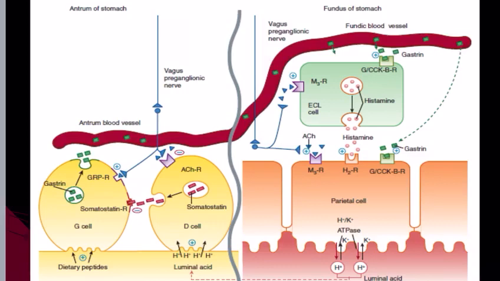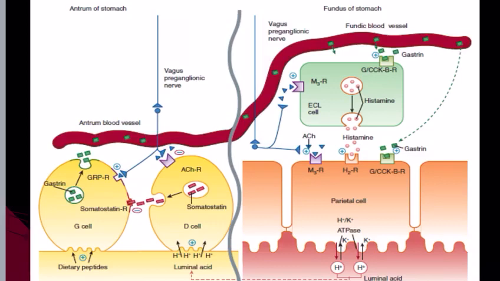The other cells, which appear at the left side of the figure, are G cells, and adjacent to it there are the D cells. And in the green color, you can see the enterochromaffin-like cells, or ECL cells, which are basically responsible for the secretion of histamine.